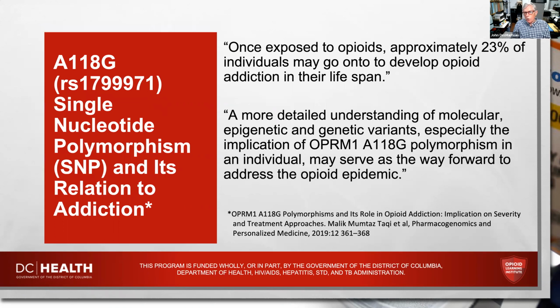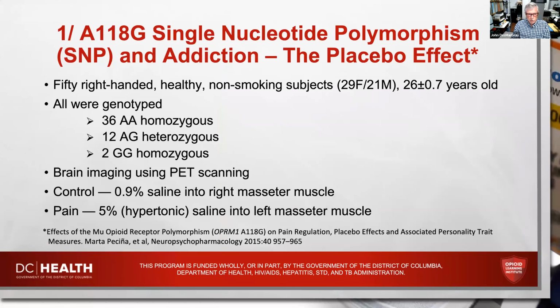Once exposed to opioids, about a quarter of individuals could go on to develop opioid addiction in their lifespan. And some researchers believe that this polymorphism could serve as a way forward to address the opioid epidemic. Well, what have they done for research? So here's one study that looked at 50 people.